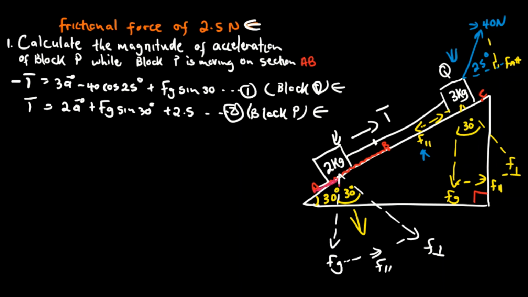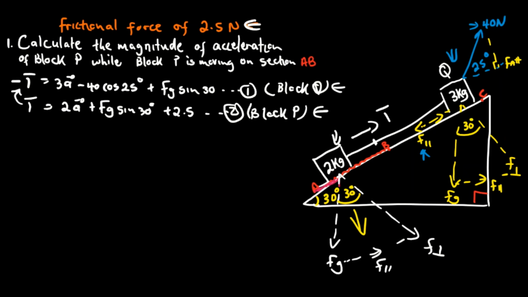Now we can substitute one equation into another. If you can see here, equation 2 is the simplest form. It's saying T equals 2a plus F_g sine of 30 degrees plus 2.5. So we can simply substitute this equation of T into equation 1.